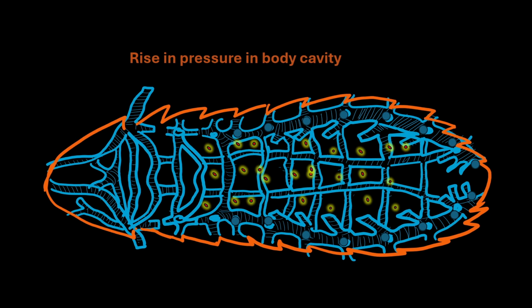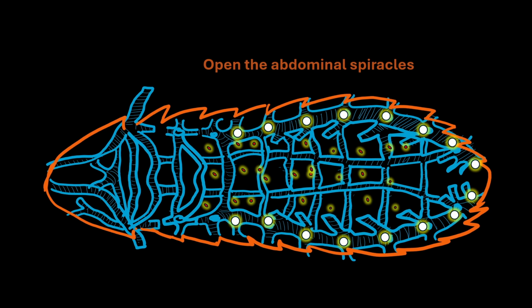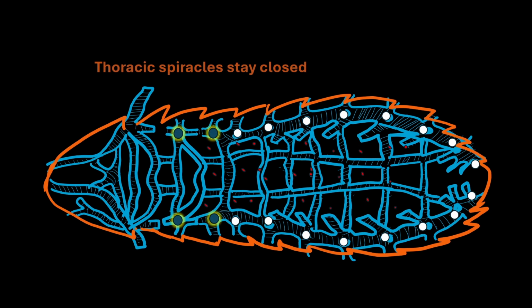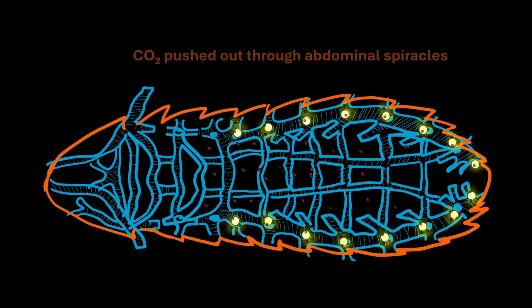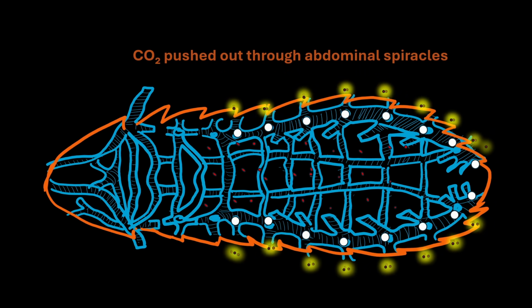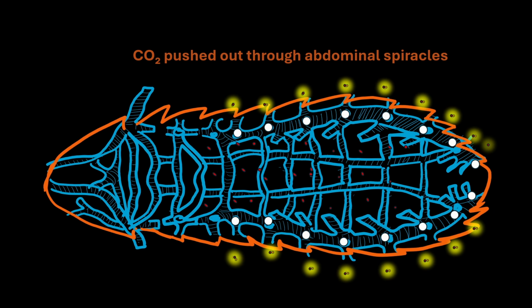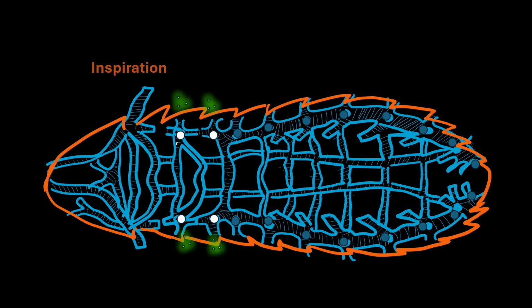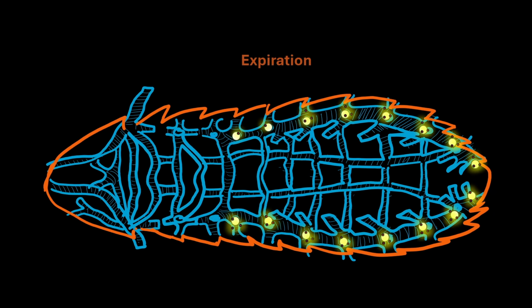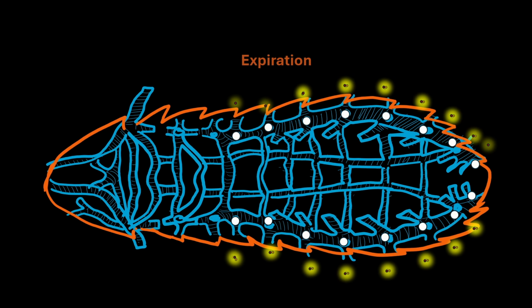And because of this rise in pressure in the body cavity, the abdominal spiracles open while the thoracic spiracles stay closed. As a result, the carbon dioxide is pushed out through the abdominal spiracles. So, inspiration mainly happens through the thoracic spiracles and expiration happens through the abdominal ones. And then the cycle repeats again.